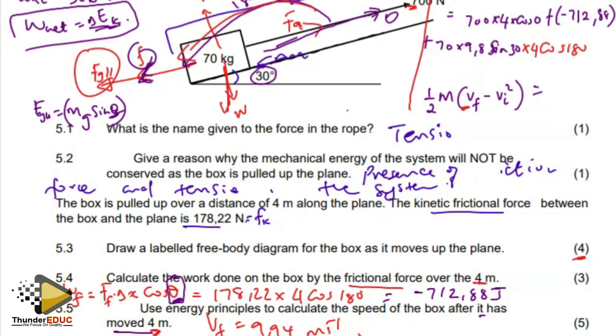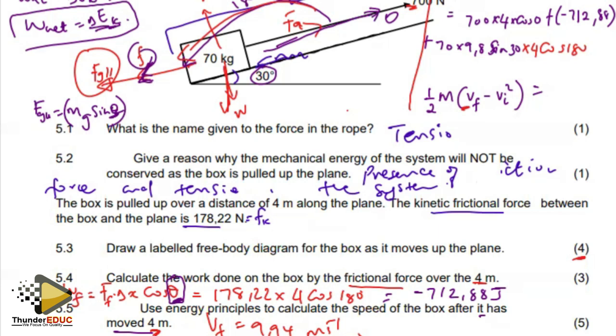So 700 times 4, cos of 0. We said negative 712.88. Plus 70 times 9.8 sine of 30 times 4, and the cos of 180.